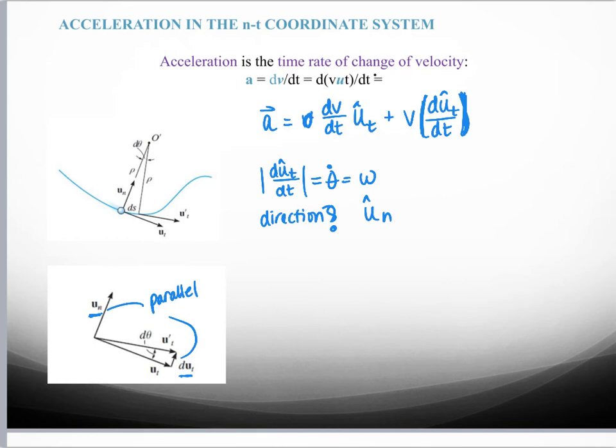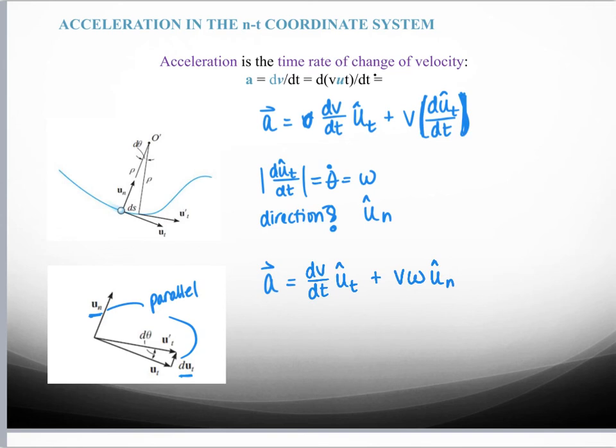So if we put this all together, the acceleration that we can express when we use normal and tangential unit vectors can be written as a component that is tangent to the path, caused by a change in the speed of the particle, and then another component that is normal to the path, equal to velocity times omega.